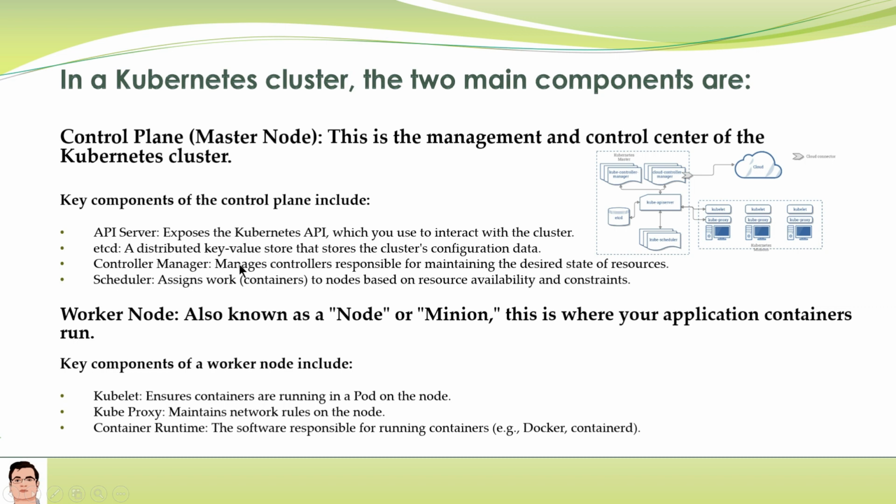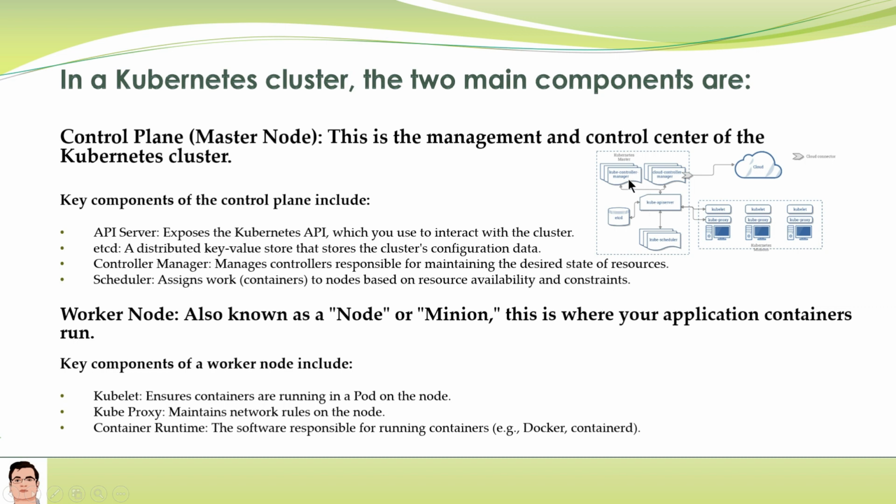The controller manager manages the controllers, so it handles the management of all the things. Okay, so managing the nodes, managing the pods, all the things. The controller is responsible for maintaining the desired state of the resources.